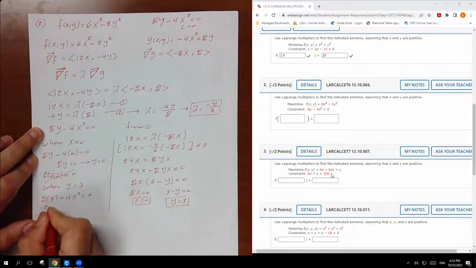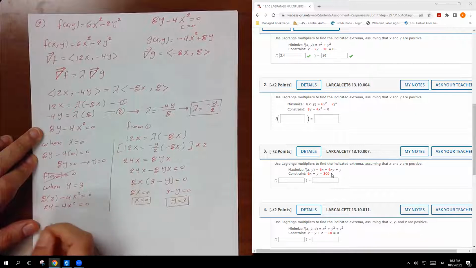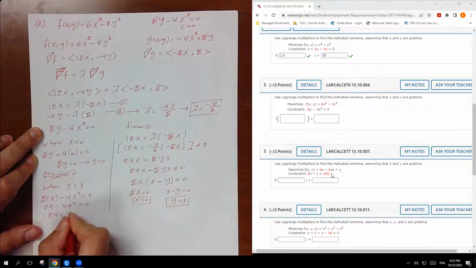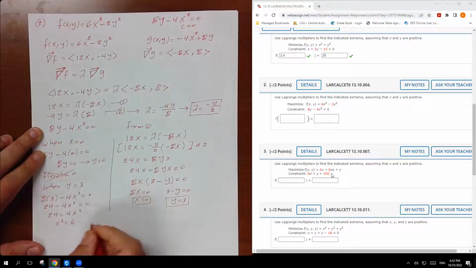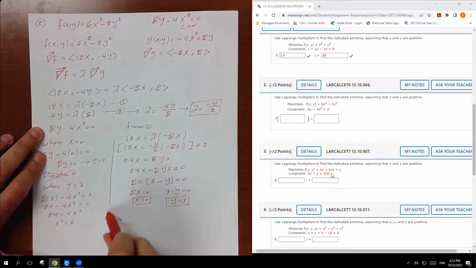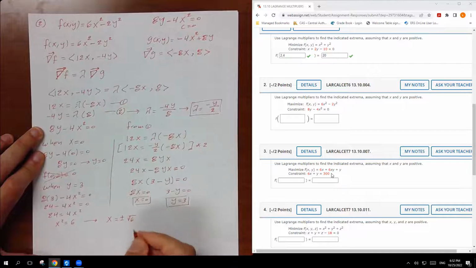So 24 minus 4x squared is going to be equal to 0. So 24 equals 4x squared. Divide by 4, that means x squared is going to be equal to 6. So in this case, x is going to be equal to plus or minus square root of 6.